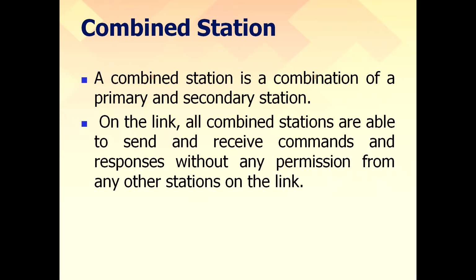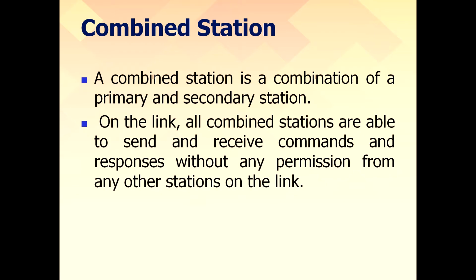At the same time, a combined station receives commands and also sends responses to the other stations, without any permission from the other stations. So on the network, all the combined stations are able to send and receive commands and responses without any permission from the other stations.